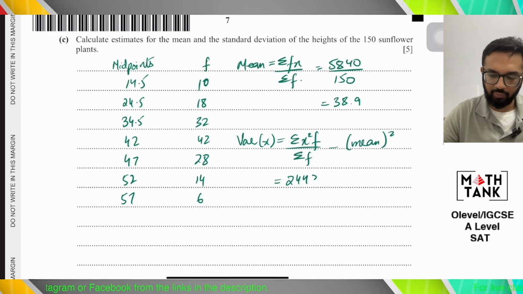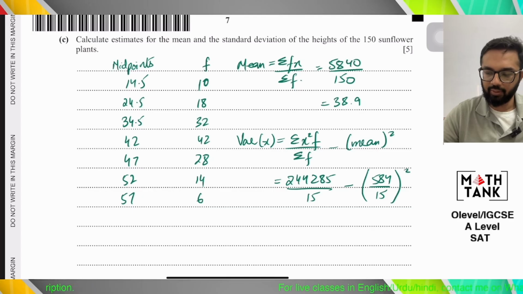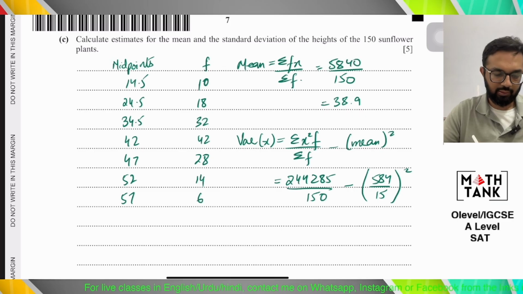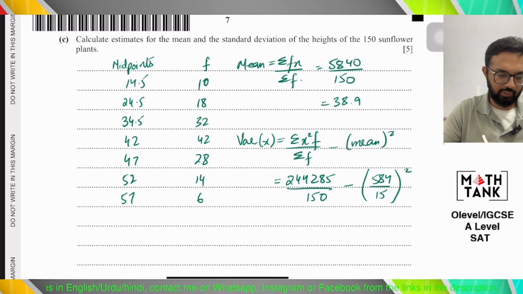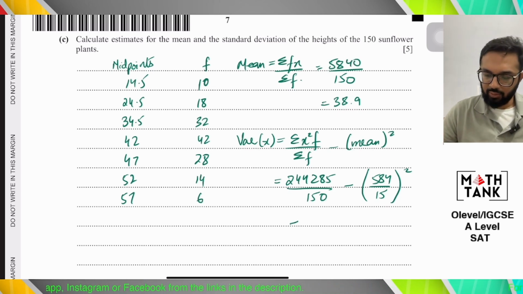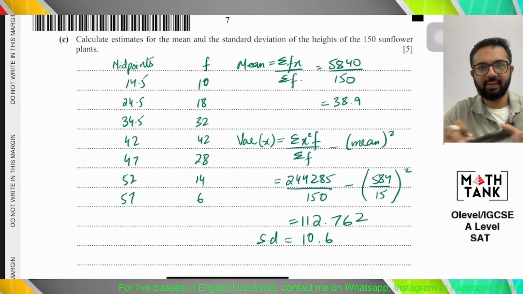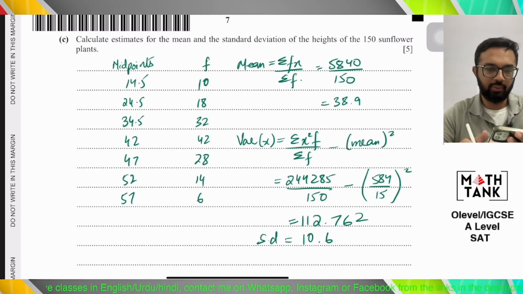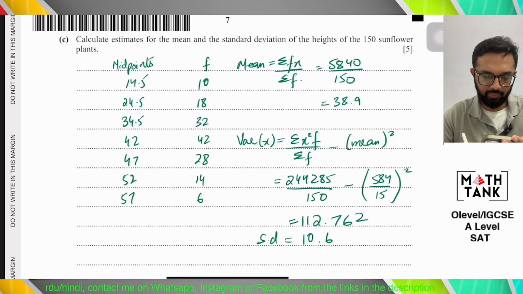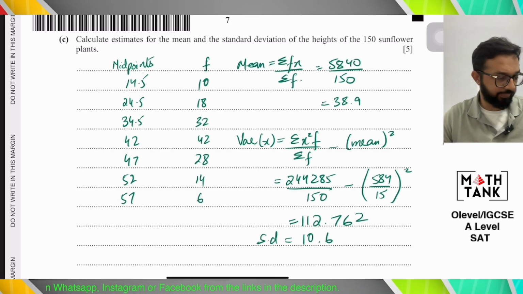That gives me 244,285 divided by 150 minus (5840 over 150) squared, which is 112.762. We get the root of that, and the standard deviation is therefore 10.6 if I am correct. To get the 5 marks in one go. Yep, that is the correct answer.